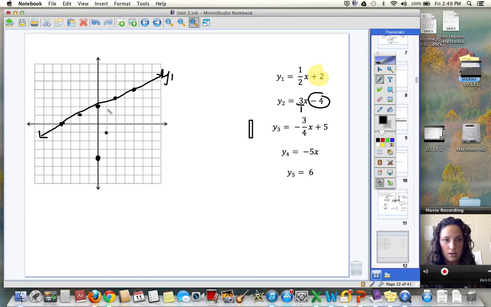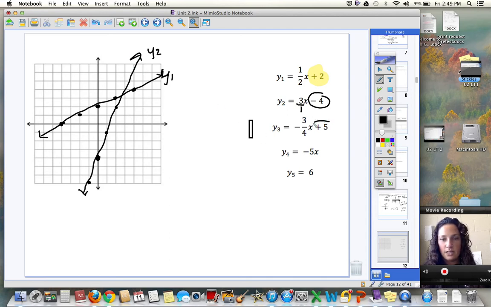Up 3 and over 1. Or in the opposite direction, I can go down 3 and back 1. So then I'm going to very badly draw a line. I put arrows on the end because my line goes on forever and ever and ever, which means I have a lot of answers. And there's my y2.